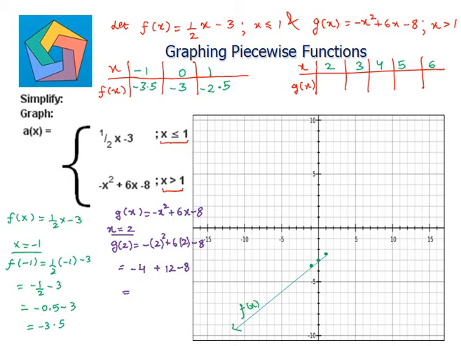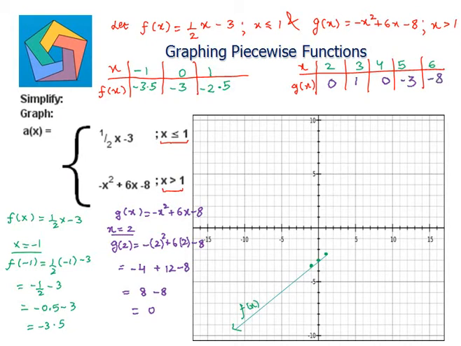Minus 4 plus 12 is 8, minus 8, which is 0. So at 2 we get the value 0. Similarly, we can calculate the other values. For x equal to 3, we'll get 1. For x equal to 4, we get 0. For x equal to 5, we get negative 3. For x equal to 6, we get negative 8.